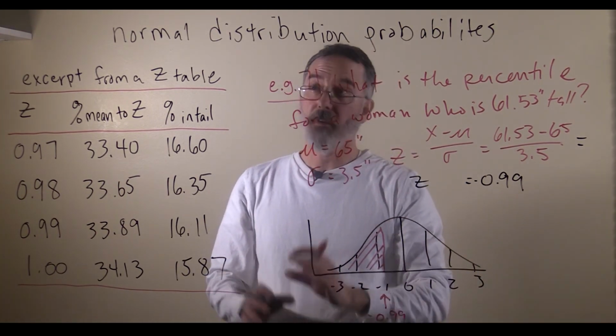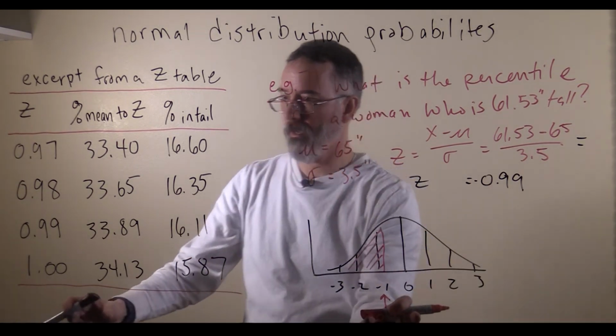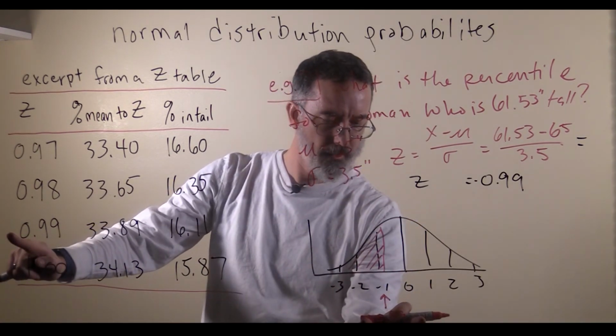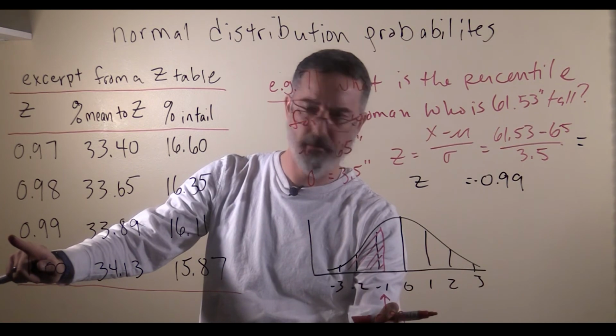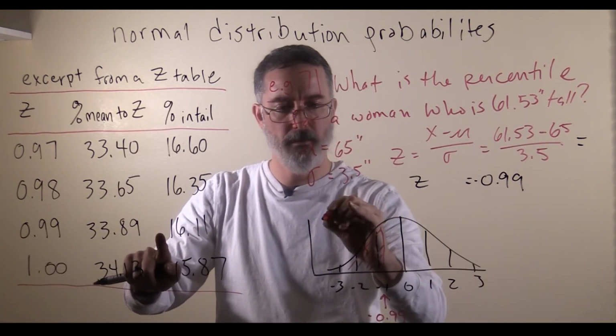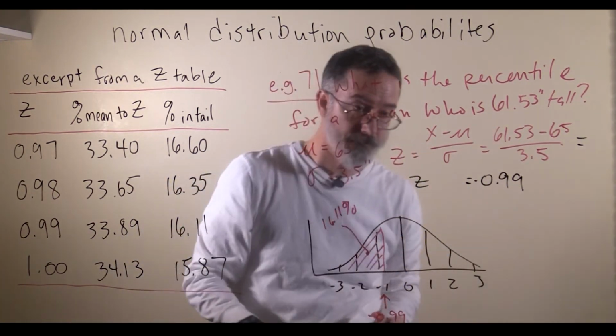So now what we can do is go to the z table and look at 0.99, which is conveniently in the excerpt that we have here. And what we need is the percent of the distribution that is in the tail beyond our z-score. That's right here. So 16.11% is that area.